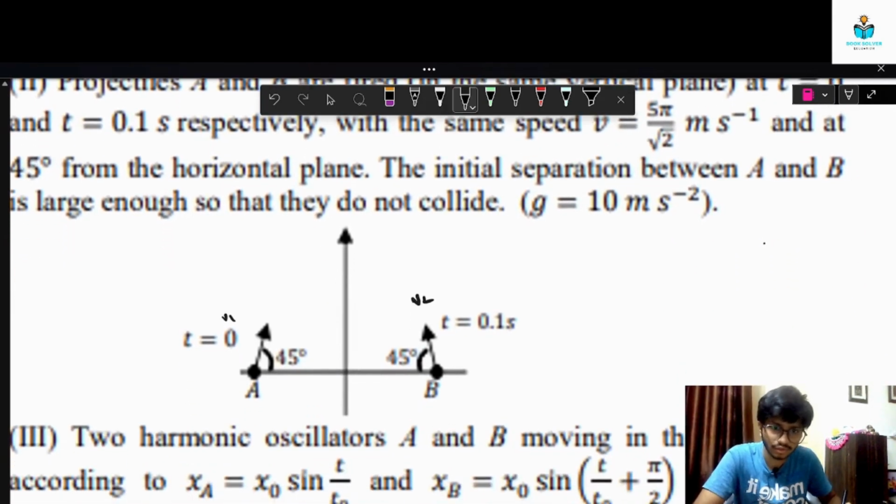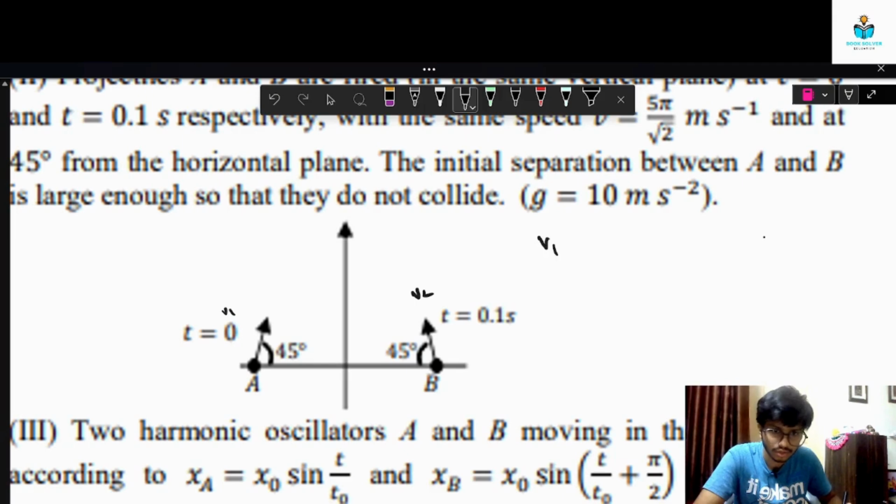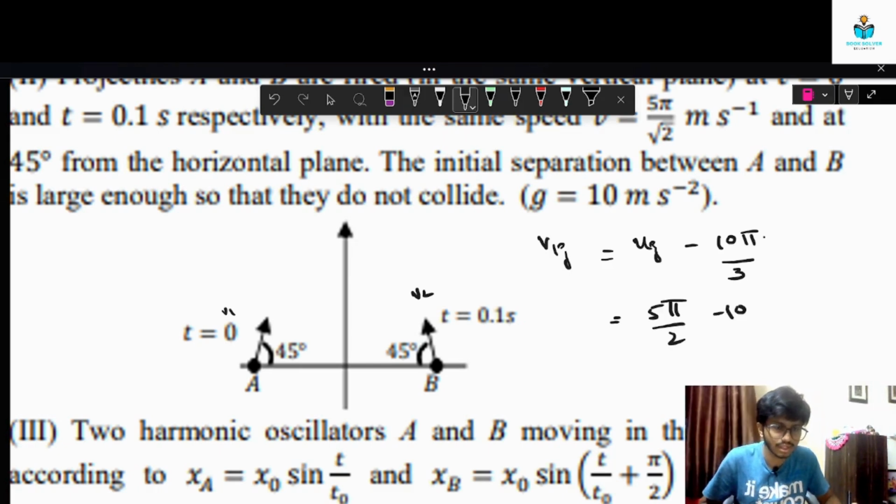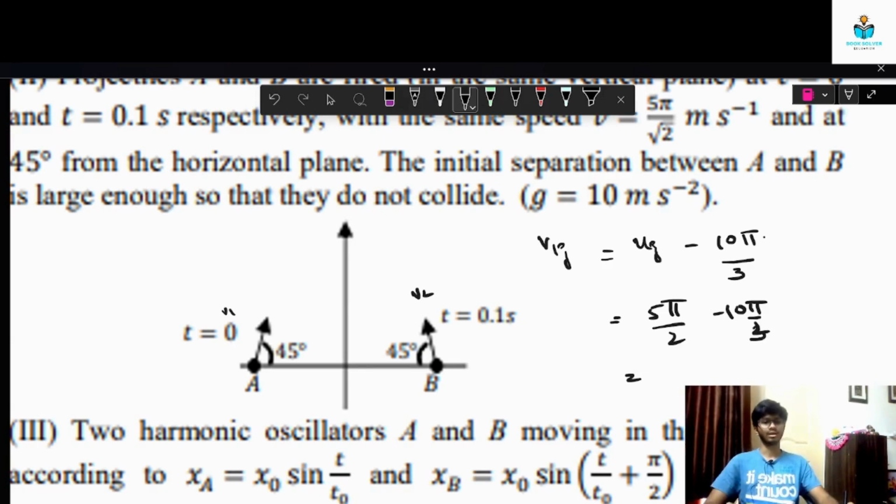So v1j would be equal to uj minus g t, which is 10 times pi by 3, and uj is 5 pi by root 2 sin 45, which is basically 5 pi by 2 minus 10 pi by 3. This will come out to be 15 minus 20, so it is minus 5 pi by 6 j cap.